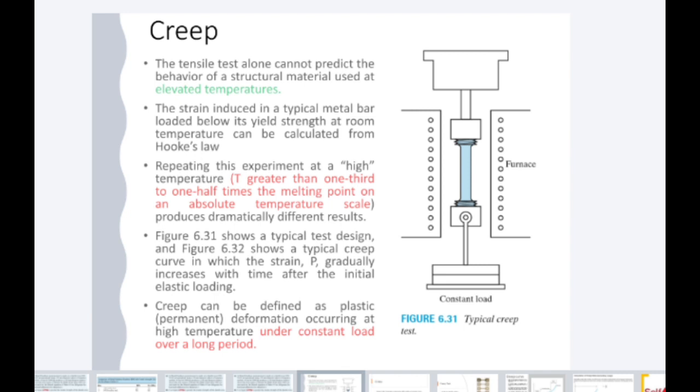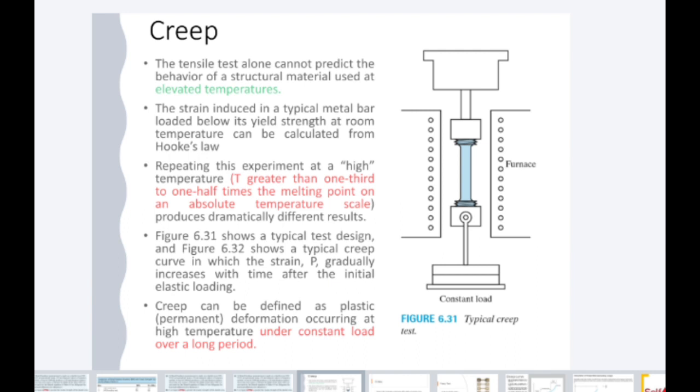Those components, we need to do the creep testing for them, to see at high temperature and at constant load for a long period of time what will happen to the specimen. So that's why we do the creep test, because at elevated temperature we cannot find properties only from the tensile test.